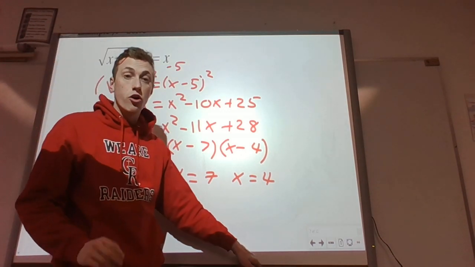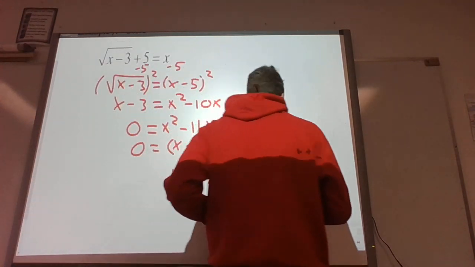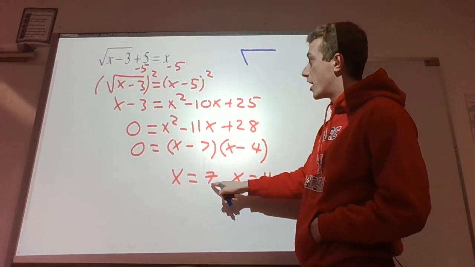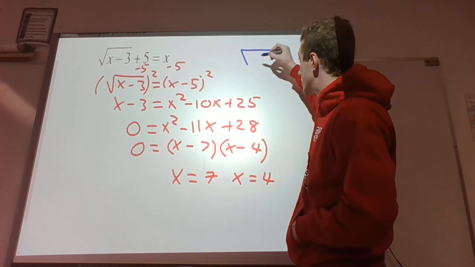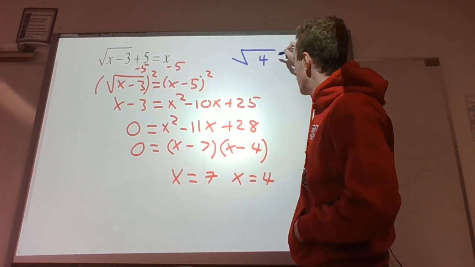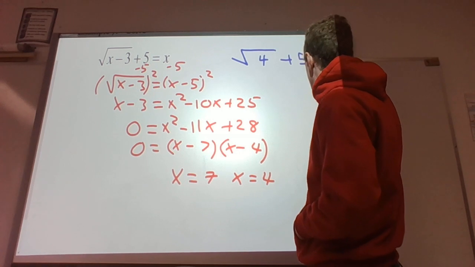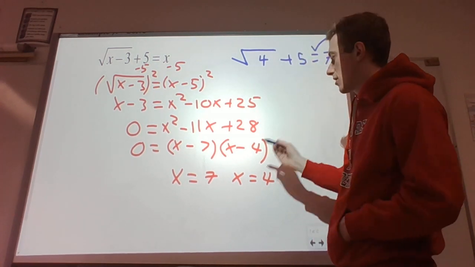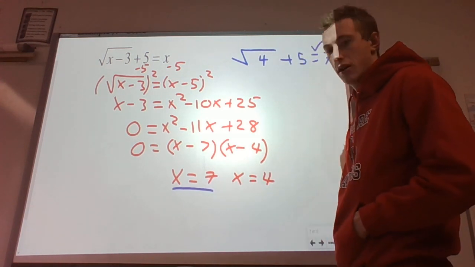Okay, let's go back to our original equation. The square root of 7 minus 3 is 4. The square root of 4 plus 5, does that equal 7? 2 plus 5 equals 7? Yes. Okay, 7 looks like a good solution.